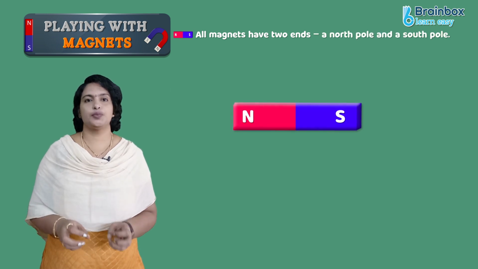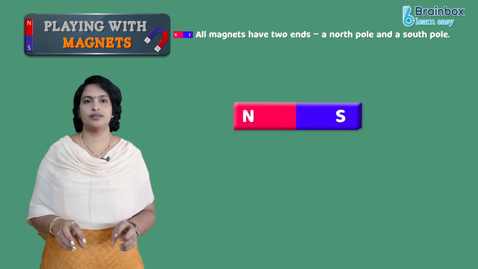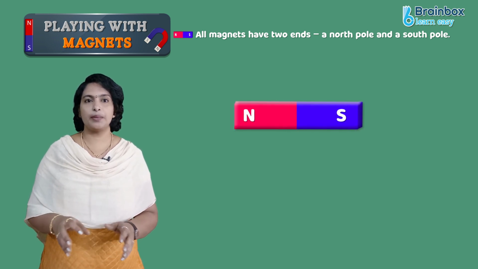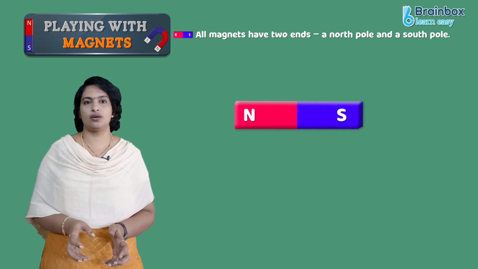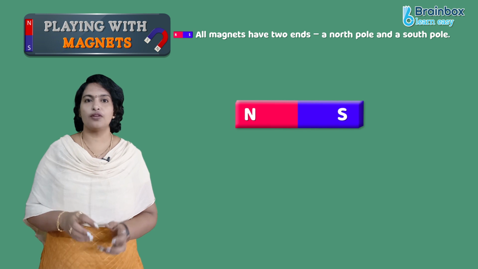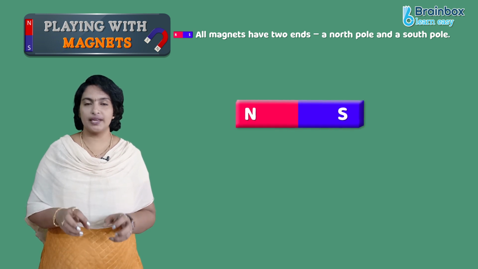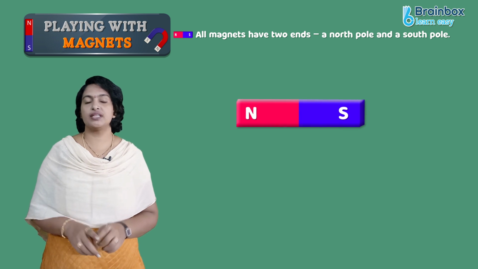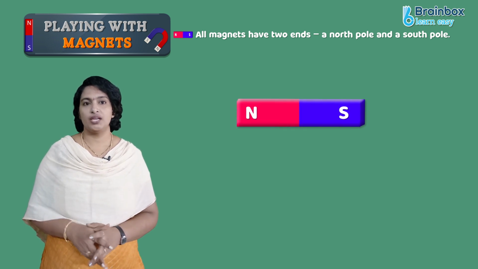A magnet's poles are the surfaces from which lines of magnetism leave a magnet and reconnect or return to the magnet. So the pole of a magnet is the area that has the greatest magnetic field strength in a given direction.